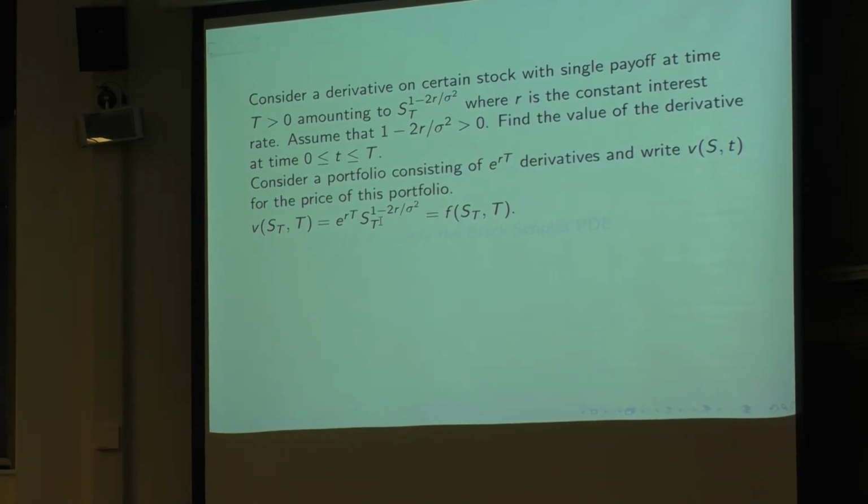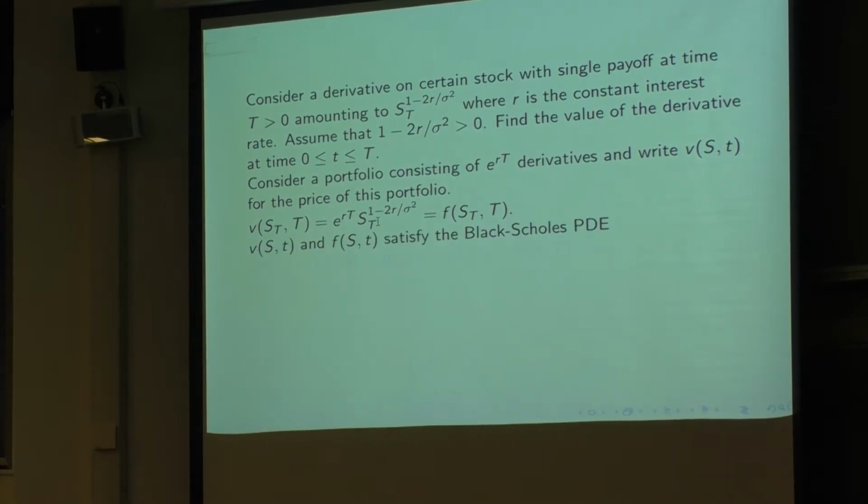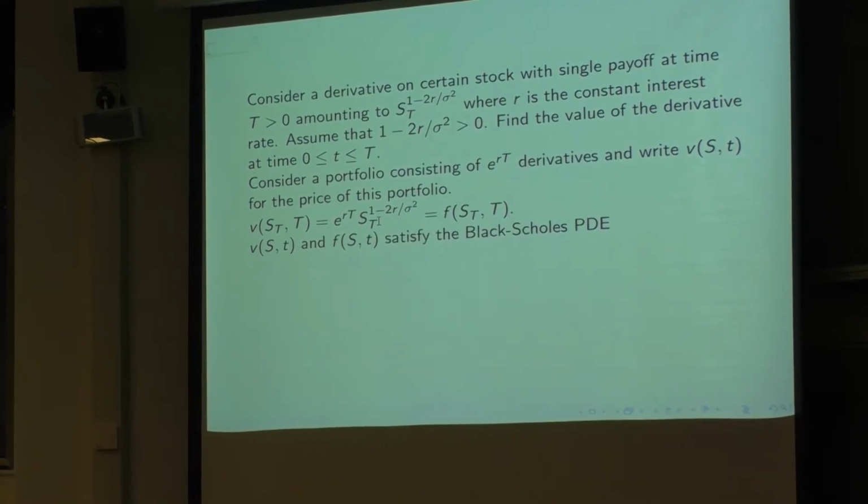What else do we know? What is V of 0? Well, V is going to give you a payoff which is some power of S, and if S at any time before expiration is 0, it will remain 0, so you will get to expiration time and you will get 0 to some power, which is 0.